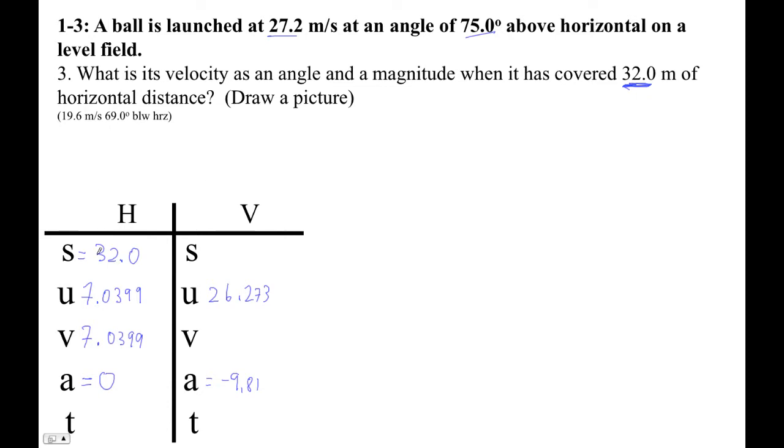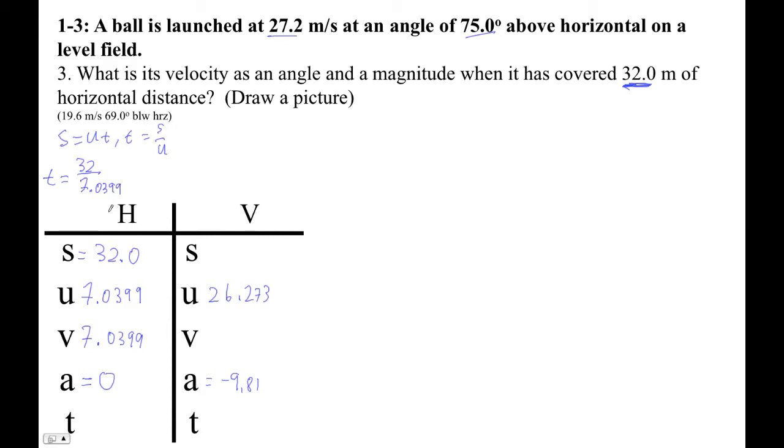So let's see. If S is ut, then t is, what is it? S over u, right? So t is 32 meters divided by 7.0399. For me, that's, by the way, 32 divided by alpha a.